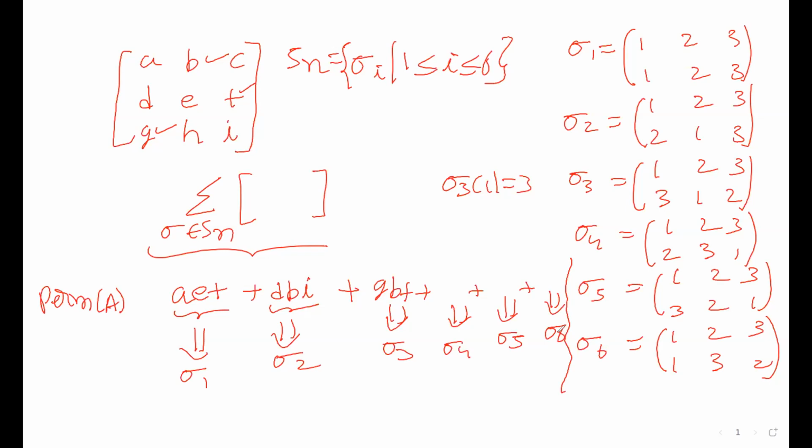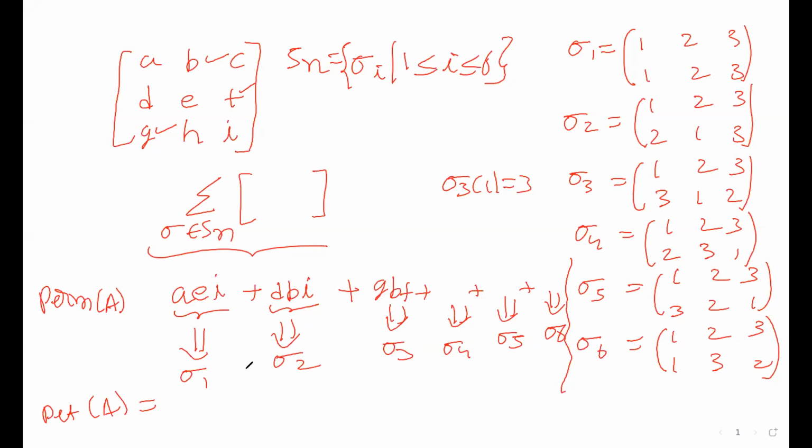But if you want to do the same for the determinant of A, what is the sign associated with sigma 1? First one is AEI. Yeah, sorry, it is AEI.